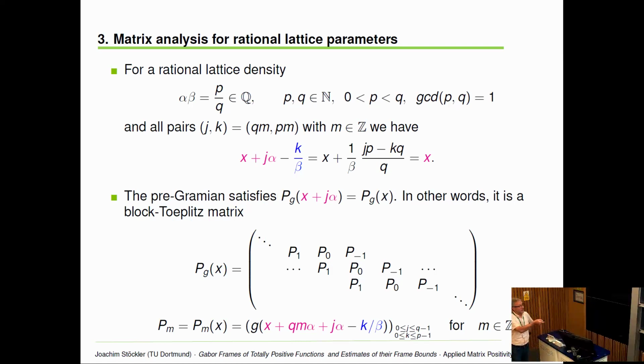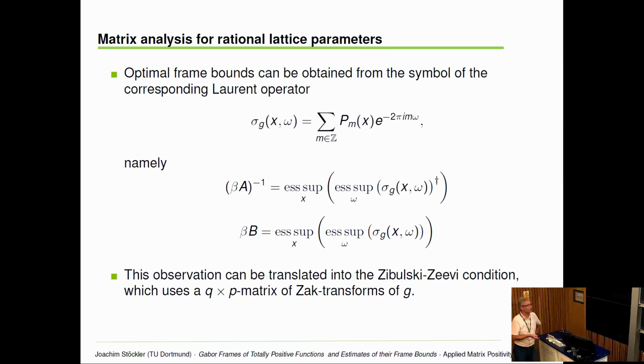So in this case, you get a block Toeplitz matrix with finite q by p blocks, and then you can use the technique of analyzing upper and lower bounds for such a matrix, using the standard Toeplitz matrix theory. So you can view this as a Laurent operator. I use the symbol sigma g for this symbol that occurred also in Stork, I think. And then I hope I didn't miswrite things here.